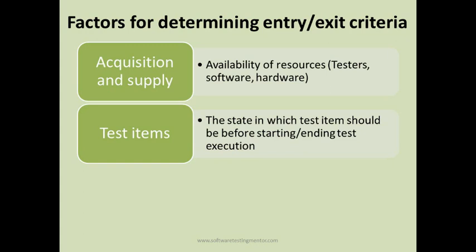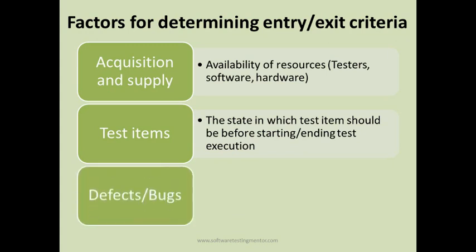That's an entry criteria for a test item, the build that you are going to test. And exit criteria can be that for the build, there is no severity 1 or severity 2 defect remaining for that specific build. So the test items are another factor for determining entry and exit criteria.